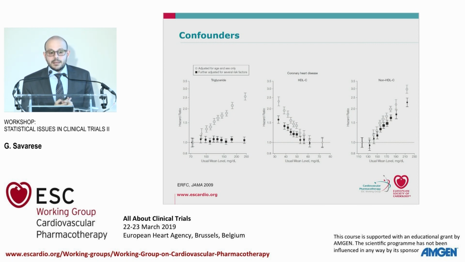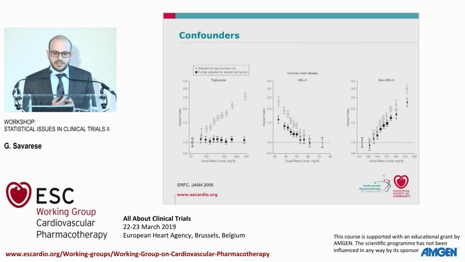However, this association may be influenced by something else, for example LDL cholesterol. It's very likely that patients with high triglyceride levels also have high LDL cholesterol, which is a major determinant of coronary artery disease. So when we adjust also for these other variables, we see that the very nice dose-dependent association is not there anymore. So part, at least, of the association was explained by a confounder.